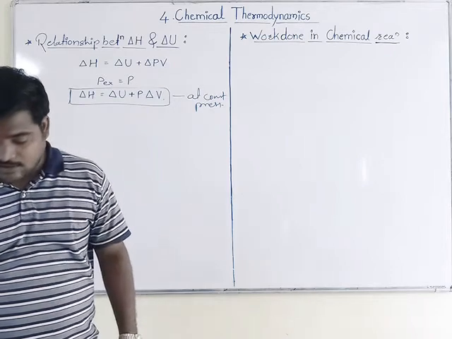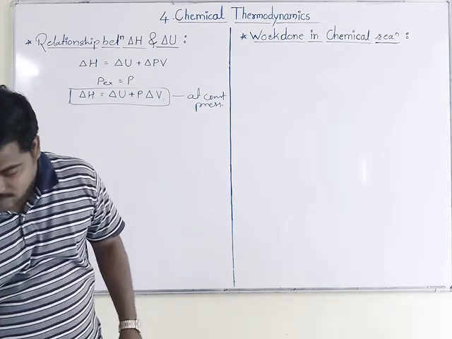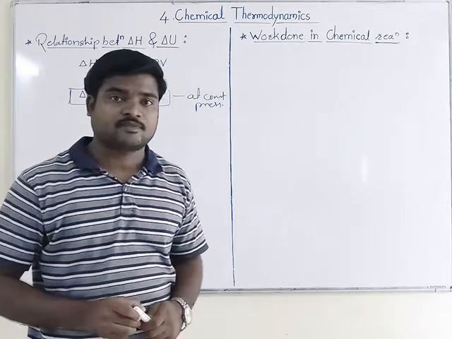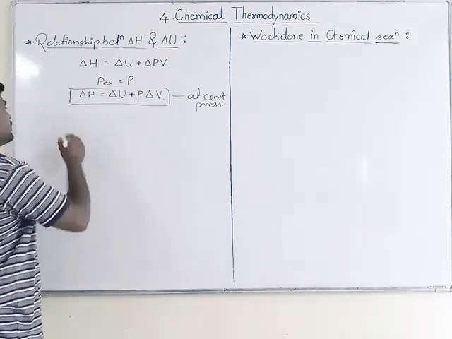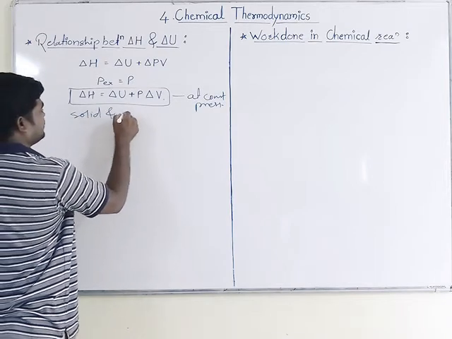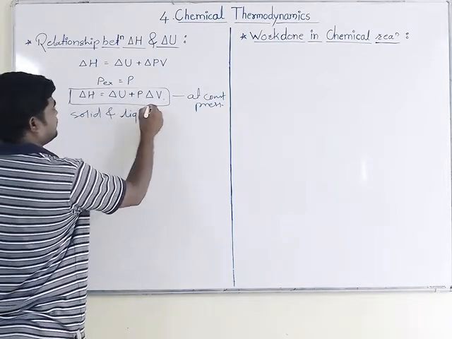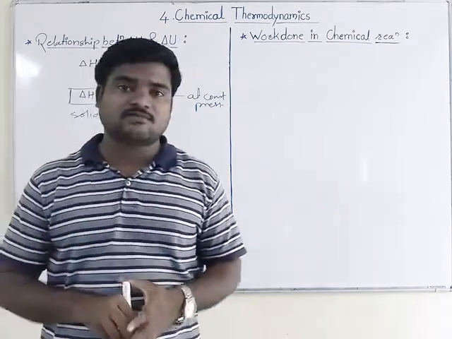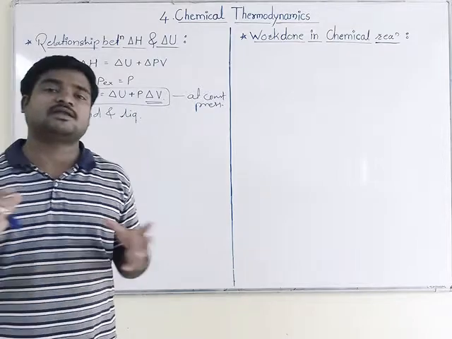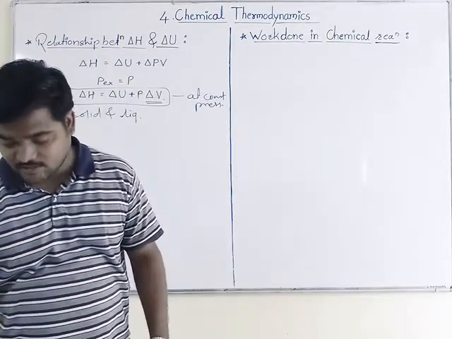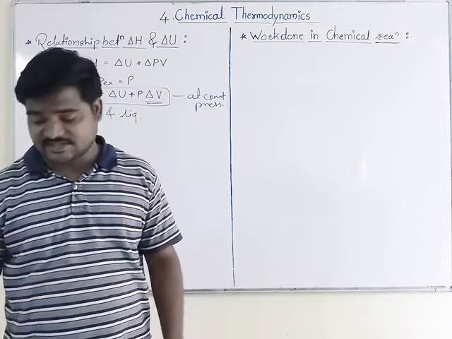Now, for reactions involving solids and liquids, if we see the term delta V, that is the change in volume, it will be negligible. So we will make some changes according to that concept.